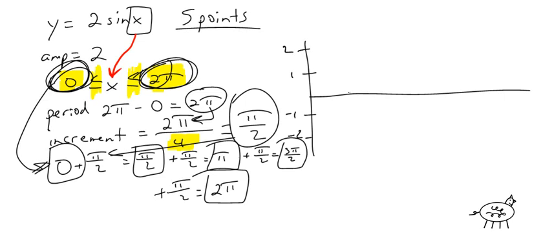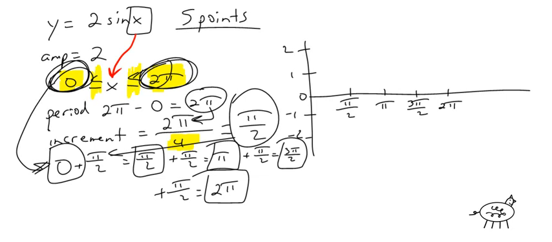I need to see them labeled too. Okay, and of course 0 is right there. So I have 5 points that I've plotted. So let's plot these now.